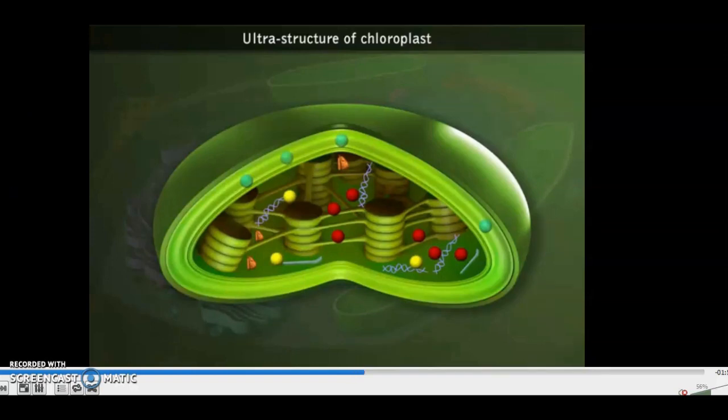Internally, the chloroplast is filled with a hydrophilic matrix called stroma, in which grana are embedded. A granum has a diameter of 0.25 to 0.8 microns and consists of 5 to 25 disc-shaped grana lamellae, also called thylakoids, placed one above the other like a stack of coins.